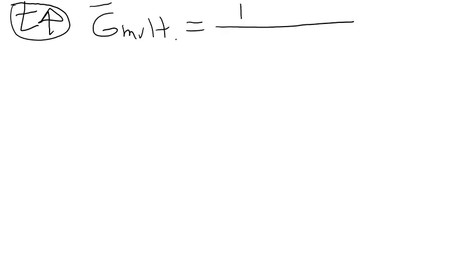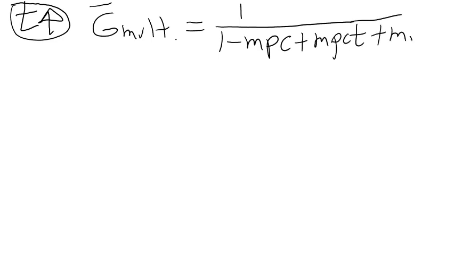What would the equation of the government spending multiplier look like? Again, 1 divided by 1 minus MPC plus MPC times T plus MPI.